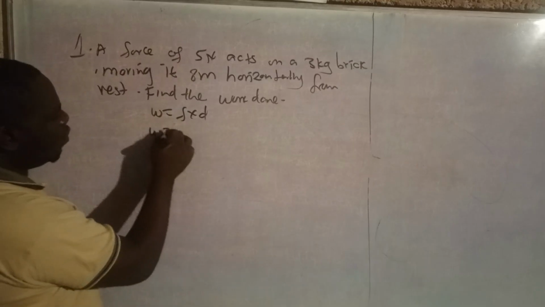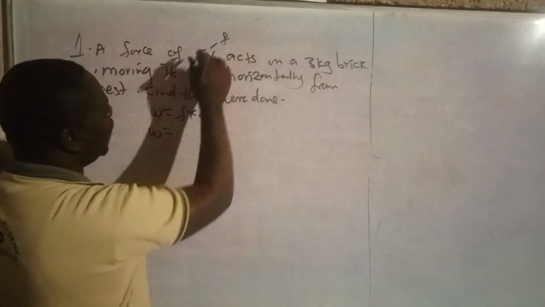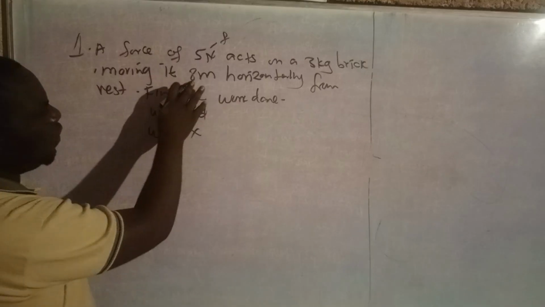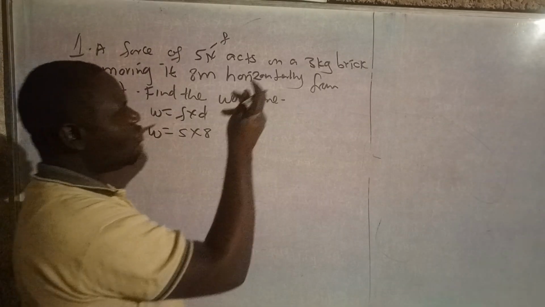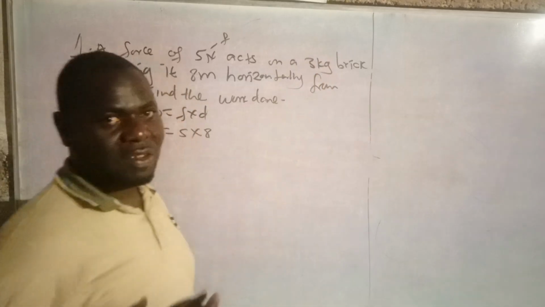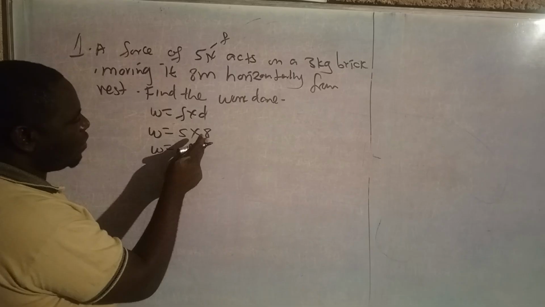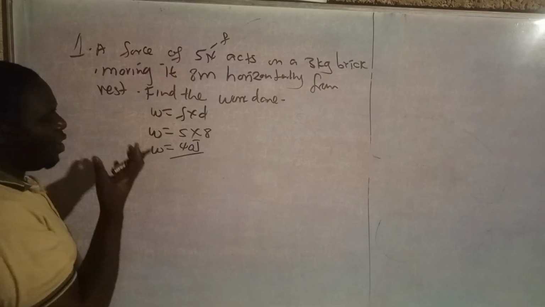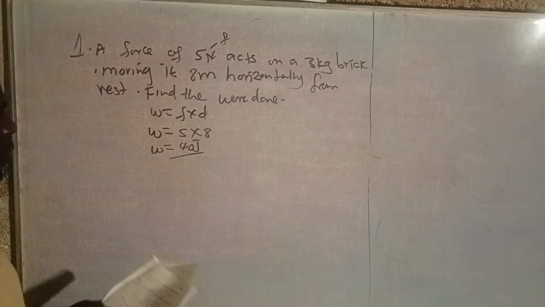Our force is 5 newtons, and the distance is 8 meters, so there's no need for us to use this 3 kg. Work is 5 times 8, which is 40 joules. Work is measured in joules, so 40 joules.